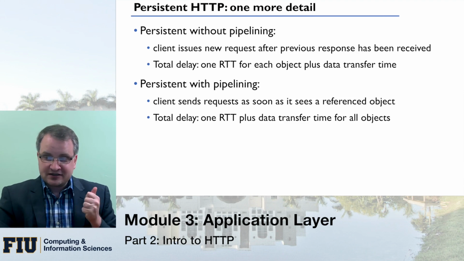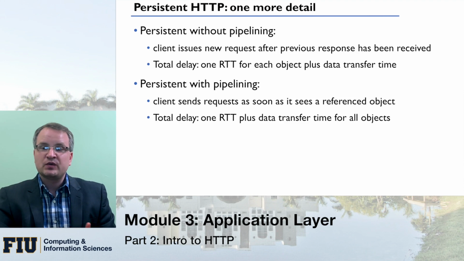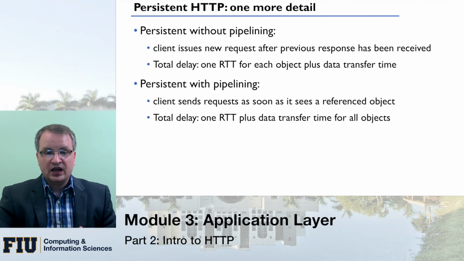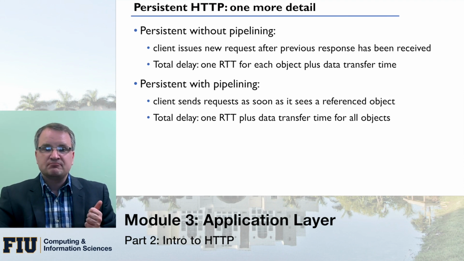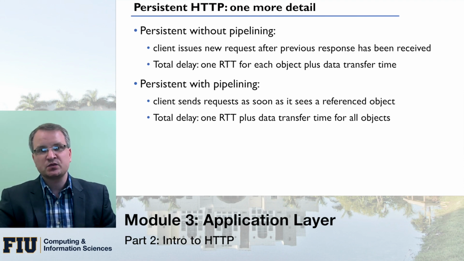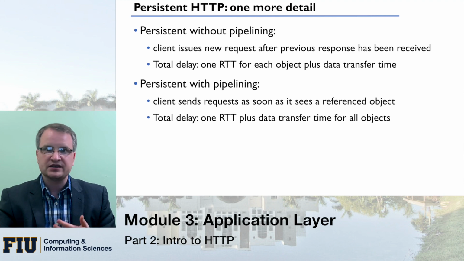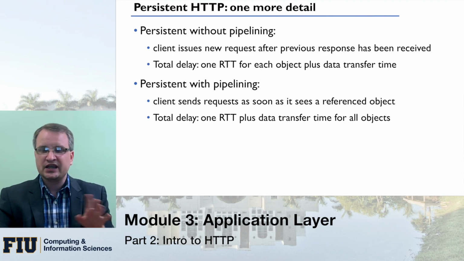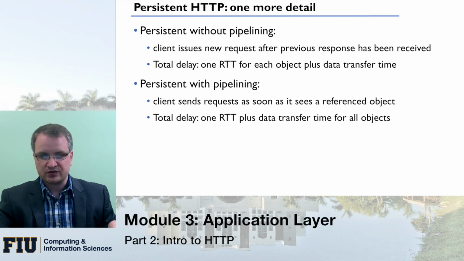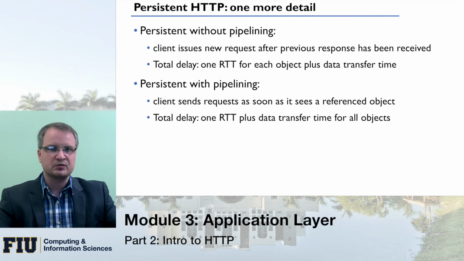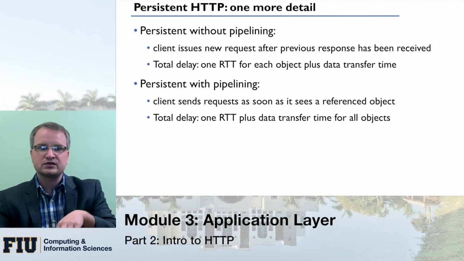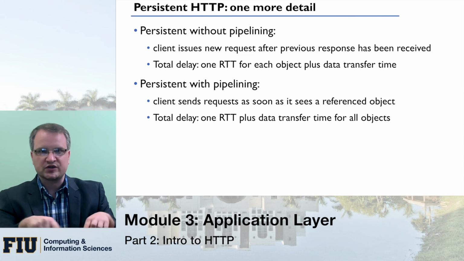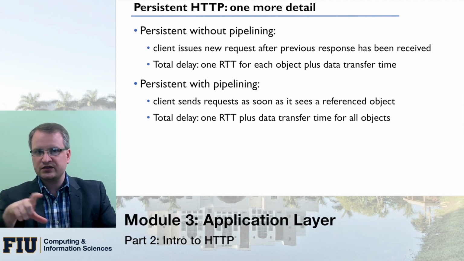And there is one more interesting detail about persistent HTTP. There is pipelining and non-pipelining. It depends on what is being transferred. For example, if within the same TCP connection we're transferring reasonably big data, then we don't need any pipelining, because we simply open the TCP connection, paying some price, send one request for the data, pay some amount of time to request that data, and then start receiving a lot of data.